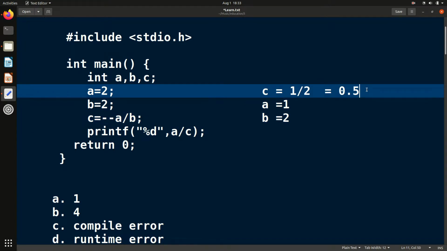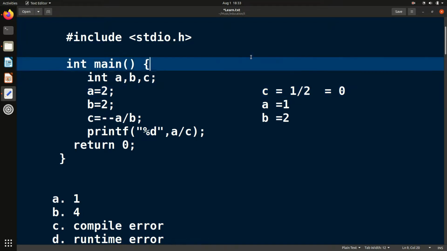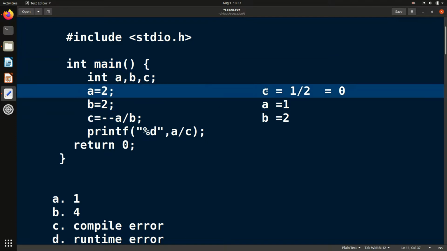Keep this in mind: whenever you have a decimal number and you try to store it inside an integer, the decimal part is removed and only the integral part is stored. Suppose a number is 9.89 and you store it in an integer, it will be just 9. So from here we got the value of c, which is 0.